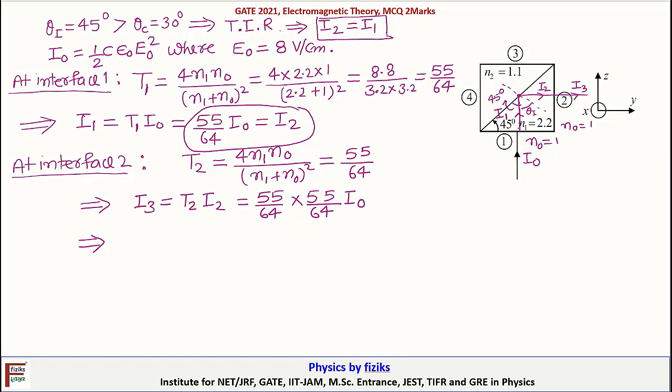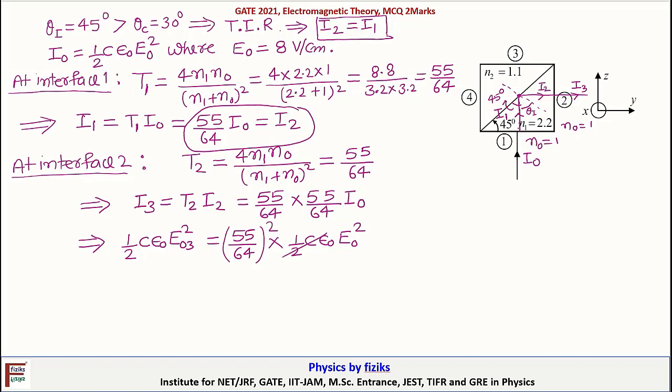Now we will write I3 as half C epsilon naught, let's say amplitude will be E03 square, and that will be 55 by 64 whole square into I0, that value will be given by half C epsilon naught E0 square.